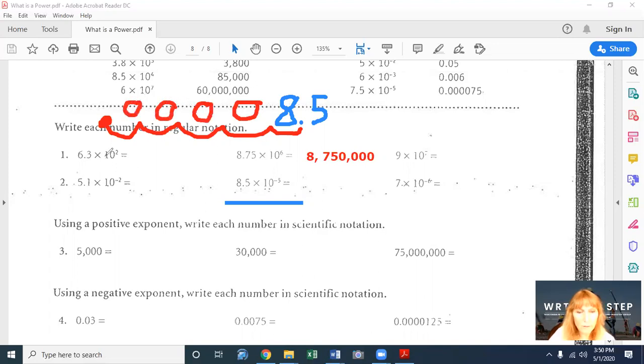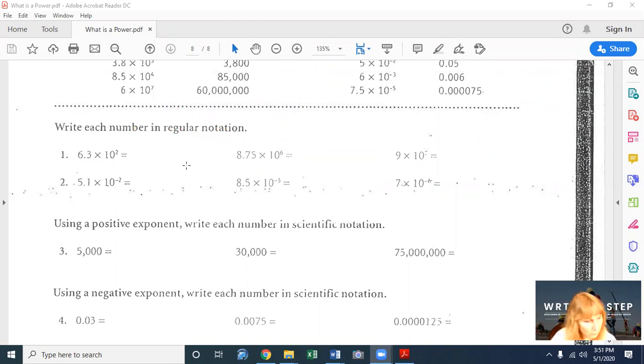So the answer in standard form, that very small number then, is 0.00085 for my answer. Okay. And I'm going to clear that now.